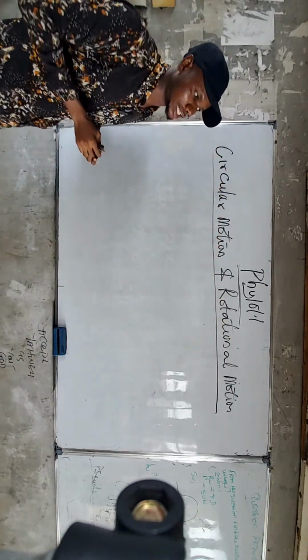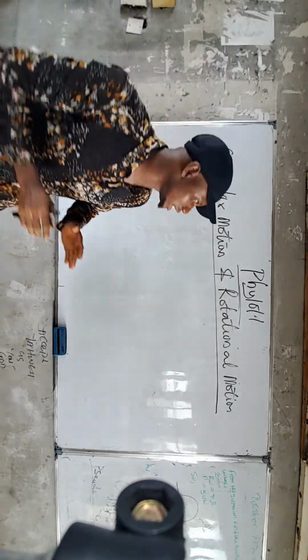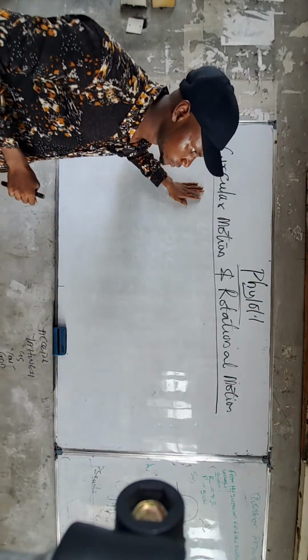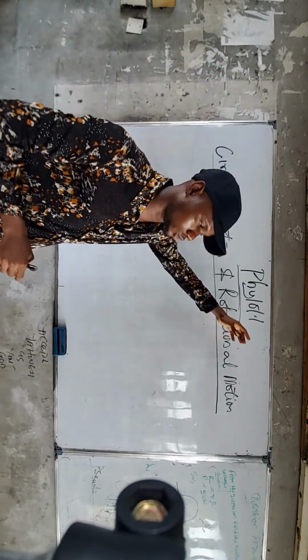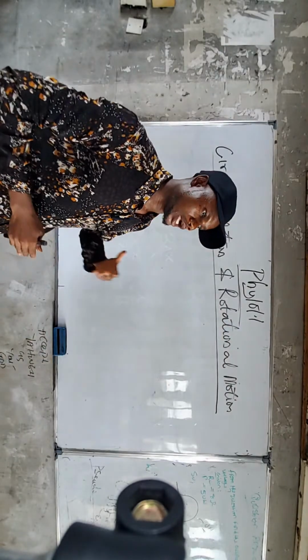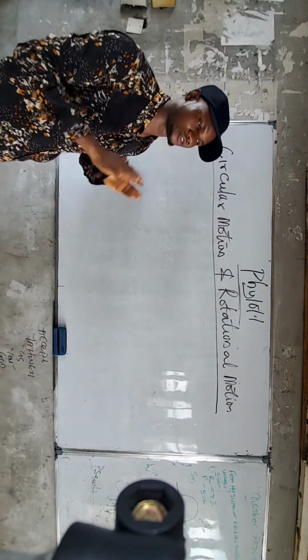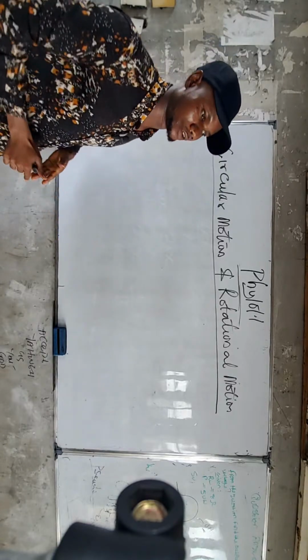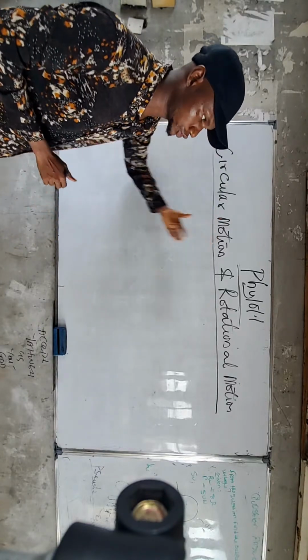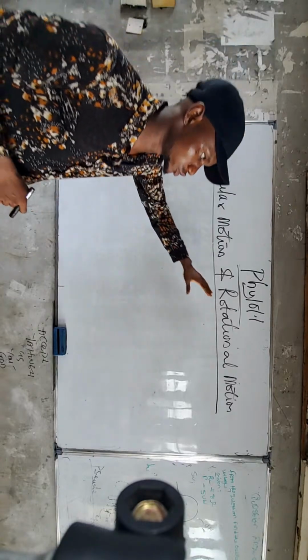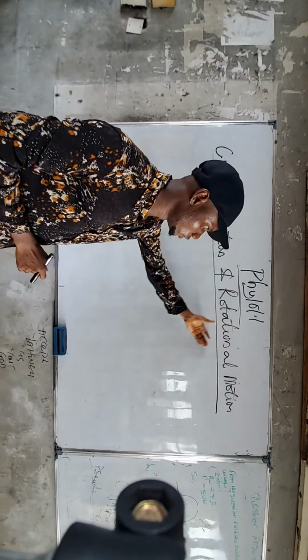All right, in this class we unveil everything about circular motion and also everything about rotational motion. Please take note. And for each of them I'm going to solve one question. But before that, I will unveil everything you have to know about circular motion, and some shortcuts you have to know about rotational motion.